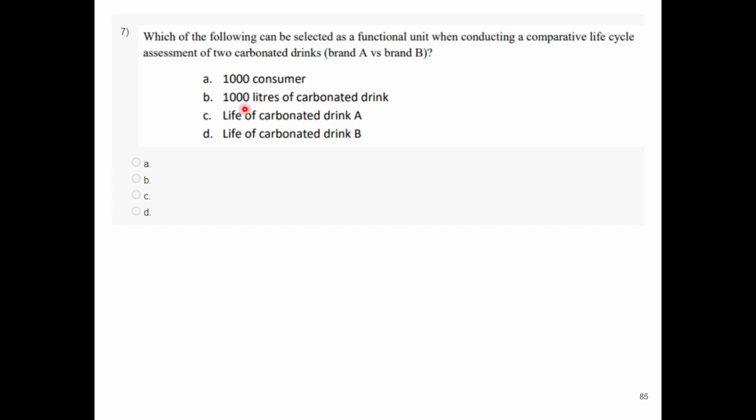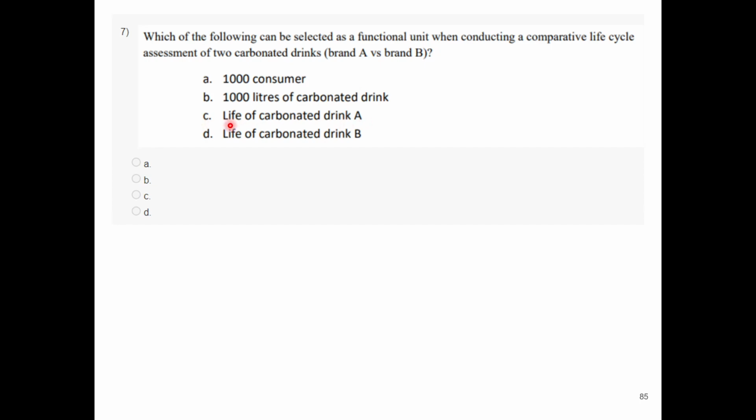Here we need to find out which can be selected as a functional unit for comparing the life cycle assessment of two carbonated drinks, as a parameter for evaluating, comparing, and reference between brand A and brand B.